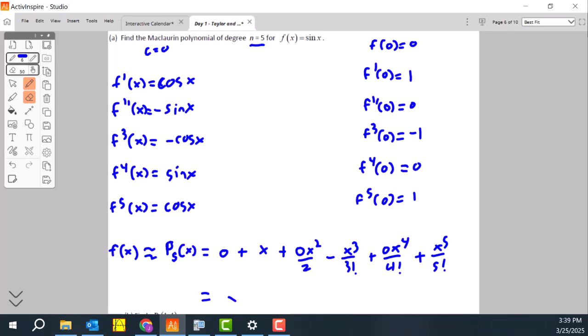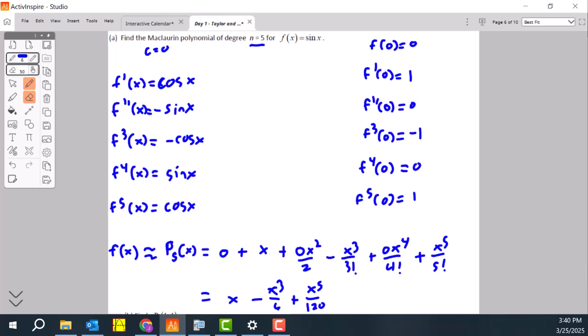A little bit of simplification here. We see this as x minus x cubed over 6 plus x to the 5th over 120. So there's our polynomial, and we've seen this polynomial already today. This is the polynomial we graphed at the very beginning to show that it is an approximation for sine.